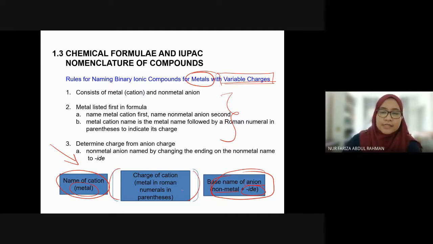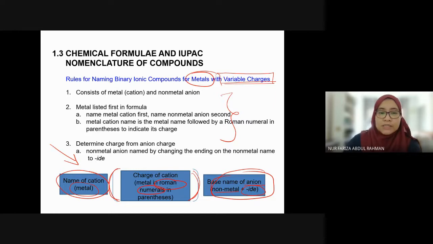We know that the metal has a variable charge, which means the charge is not fixed. So this parenthesis, or the bracket, represents the charge of the cation, the charge of the metal. It should be represented in the form of Roman numerals.